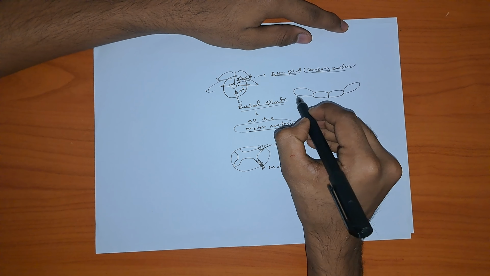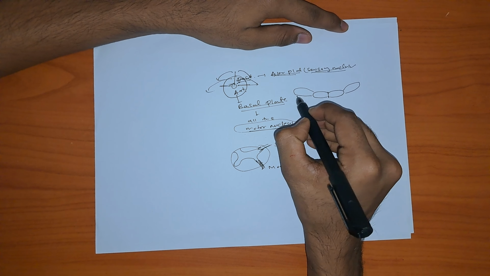Okay, so first I am going to draw this. Suppose this is in the upper midbrain, the third nerve nucleus, and after that the fourth nerve nucleus. Now I will talk about the sixth nerve nucleus, which supplies the lateral rectus muscle.